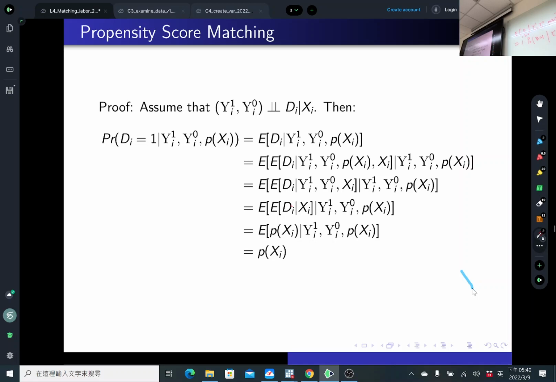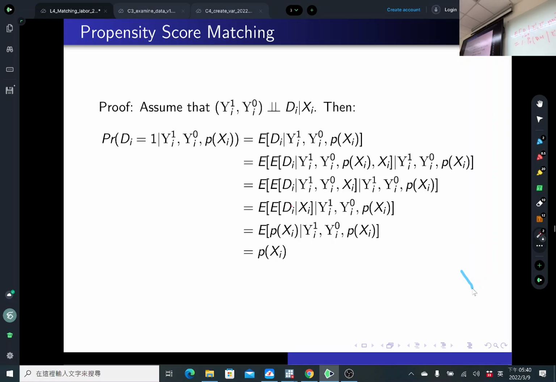So this term is 0, so it's cancelled out. That's why this is equal to this. Okay. It's very simple. This is the definition of the expectation.